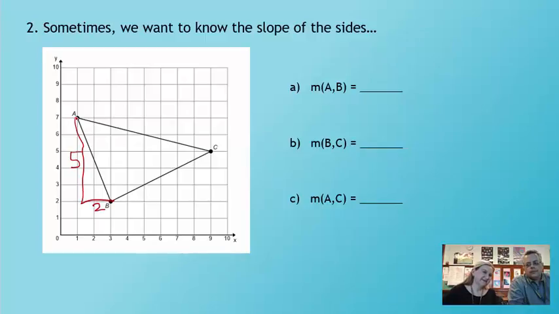In this case, my line goes down, so I know my slope will be negative. If a side is going down, it's decreasing, so negative slope. BC is increasing though, so this one's going to be positive.